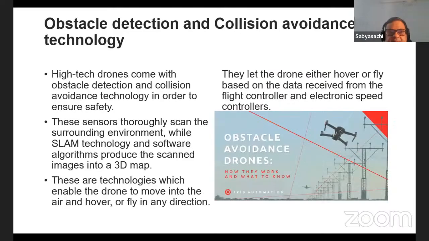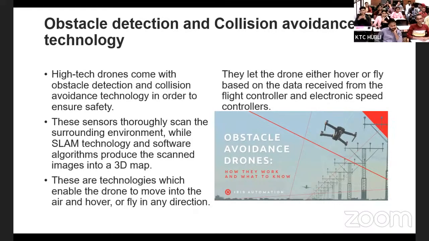Obstacle detection and collision avoidance technology. High-tech drones come with obstacle detection and collision avoidance technology in order to ensure safety. These sensors thoroughly scan the surrounding environment, while SLAM technology and software algorithms turn the scanned images into a 3D map.